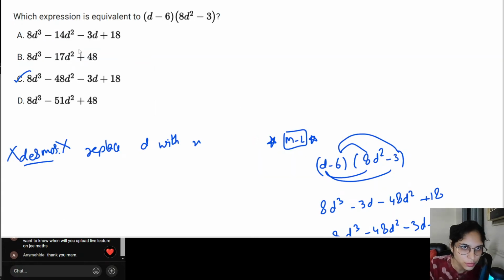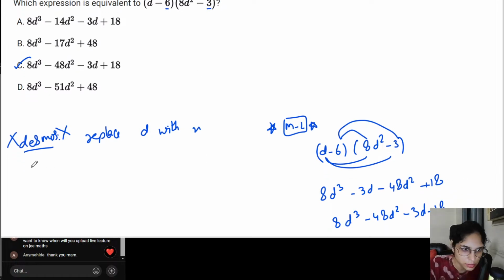Also, one more thing. There's negative 6, there's negative 3. How will I eliminate the options? Just multiply the constants. Now I'm going to tell you the third method.